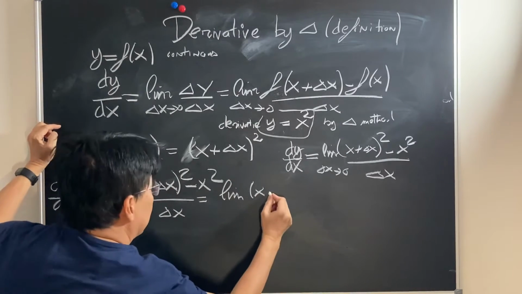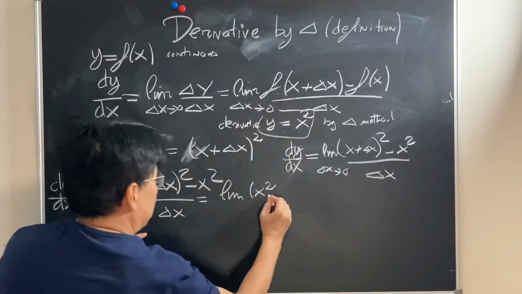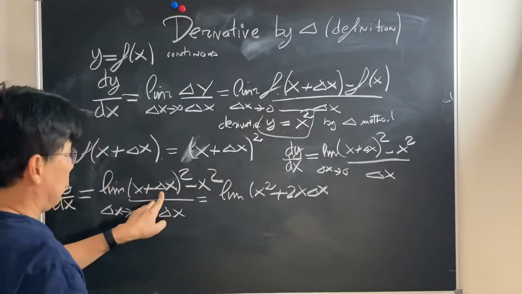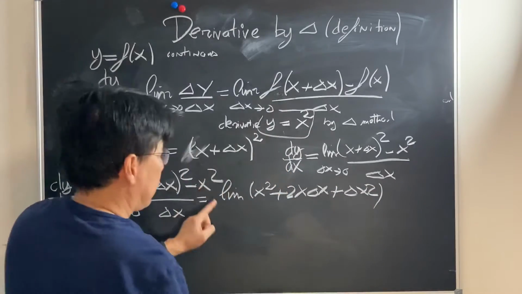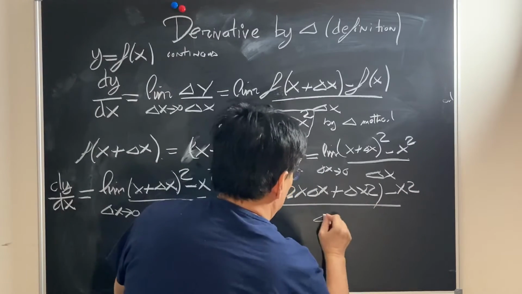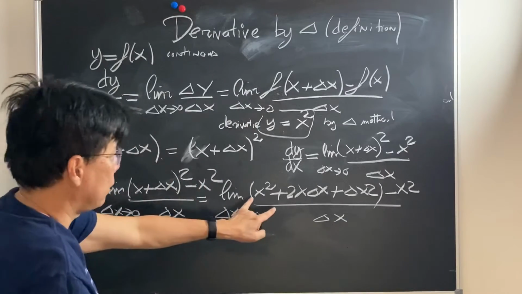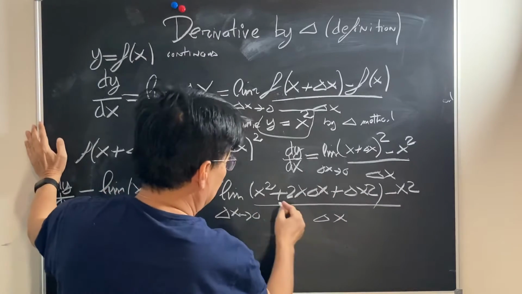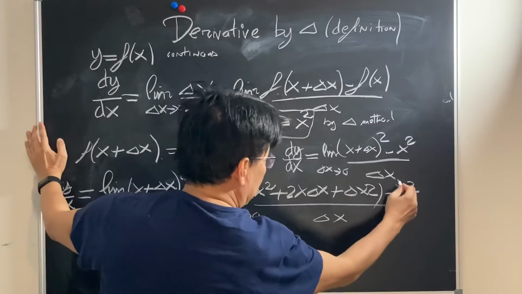So we just expand this, so it will equal the limit of x squared plus 2x delta x plus delta x squared minus x squared, divided by delta x, as delta x goes to 0. Now x squared eliminates with x squared.